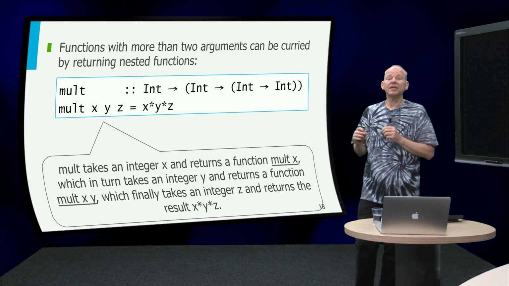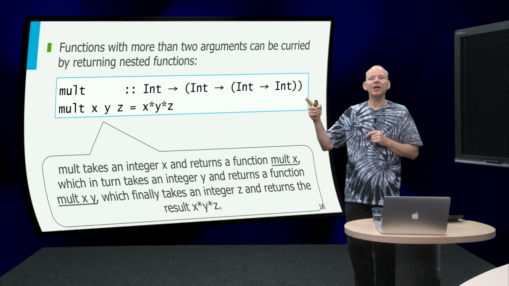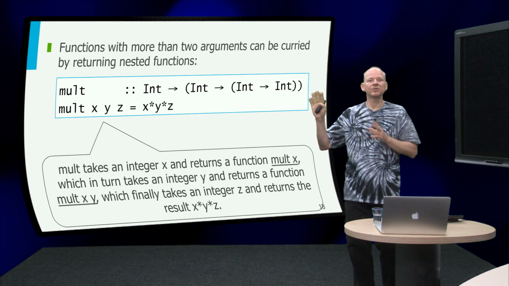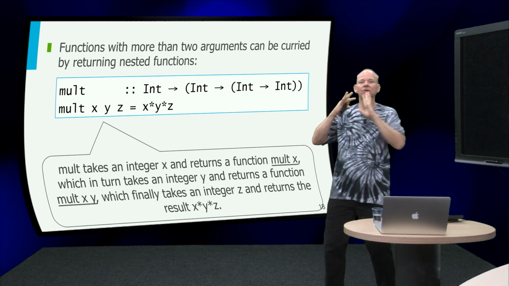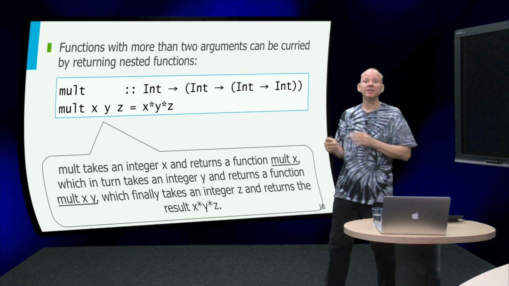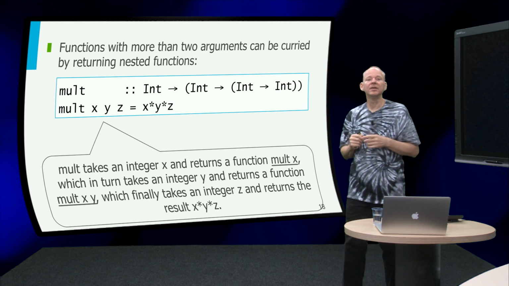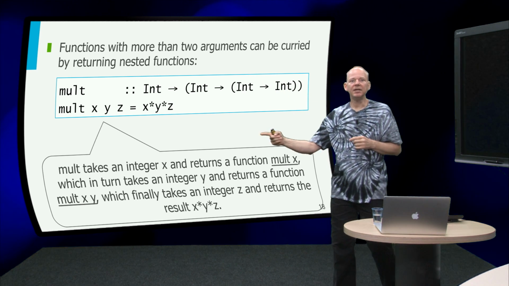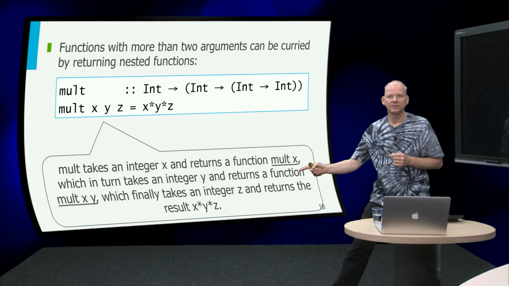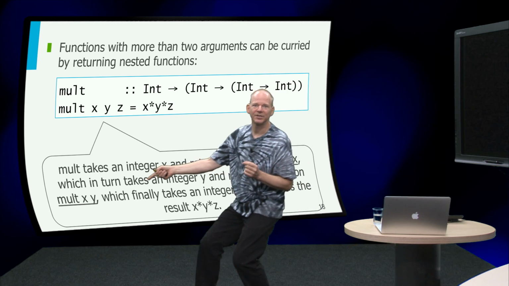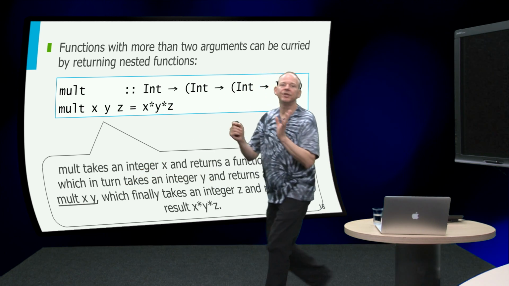Now what we see here is that in the type, we still write the parentheses. So the parentheses in the type go left to right. So the function arrow binds to the right. But when we write mult x y, we don't put parens.